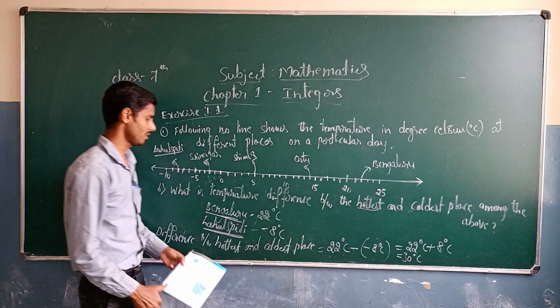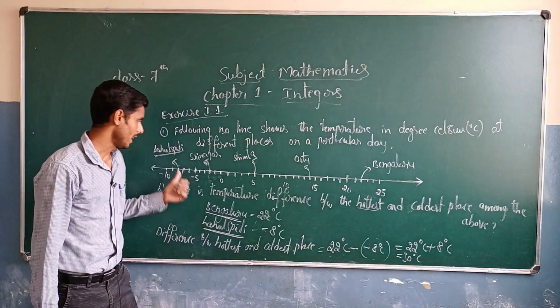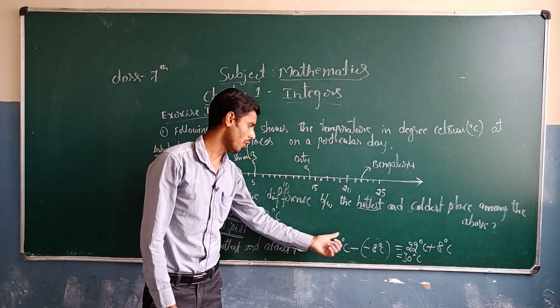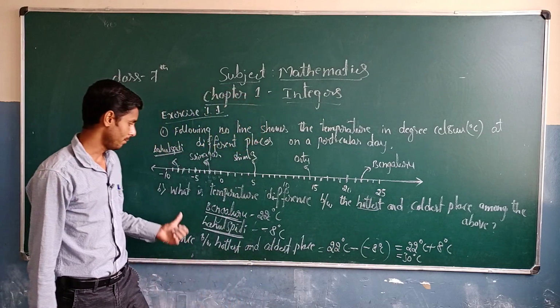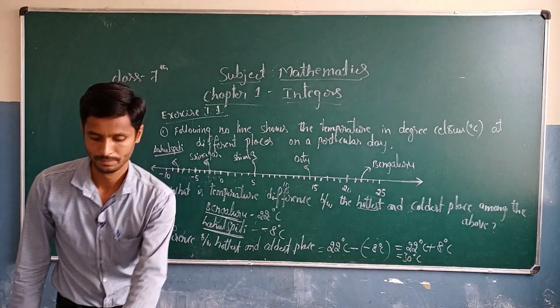So this is the temperature difference between the hottest and coldest place on this number line, right? So this is how we have to find out the temperature difference between the given cities.